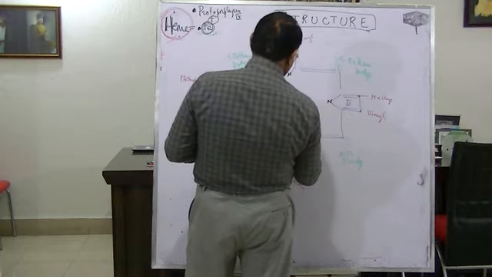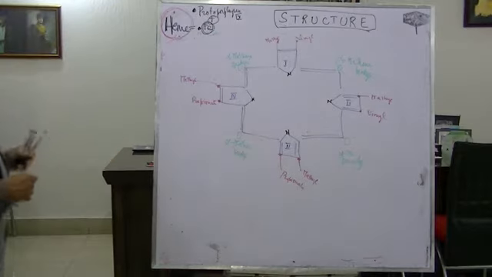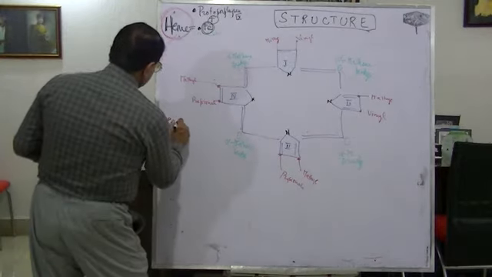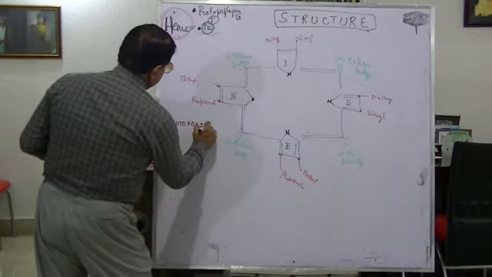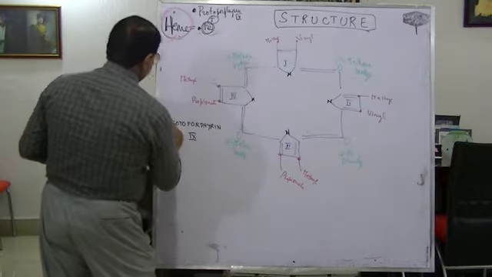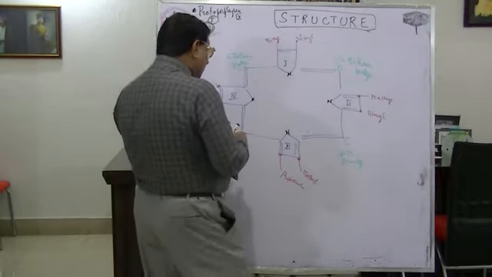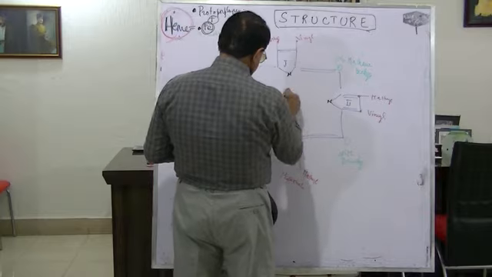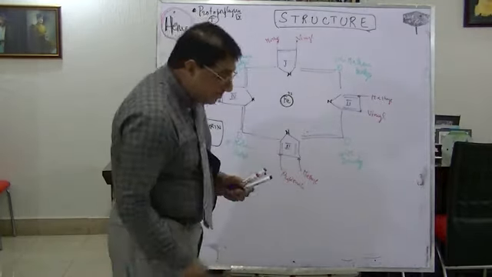So these are the 4 pyrrole rings, and they form together what? They form protoporphyrin 9. This one, in combination with iron, will form heme.